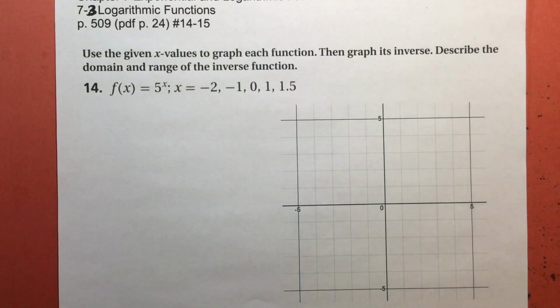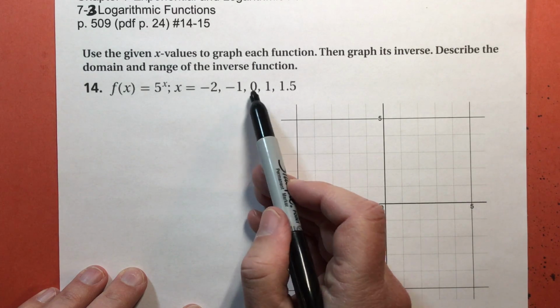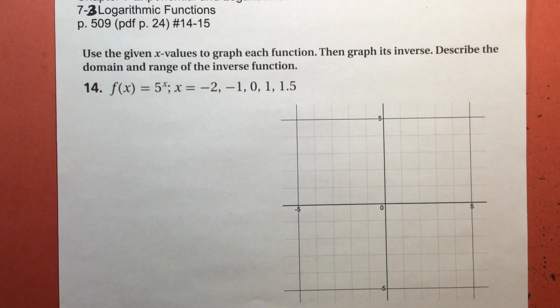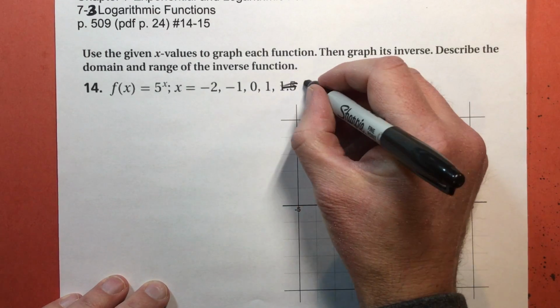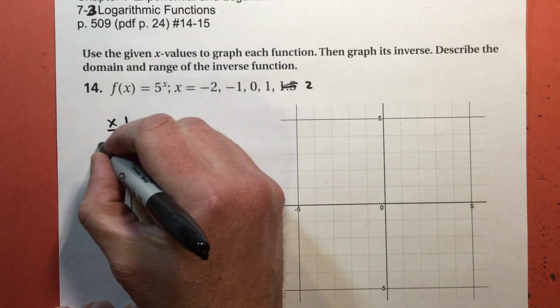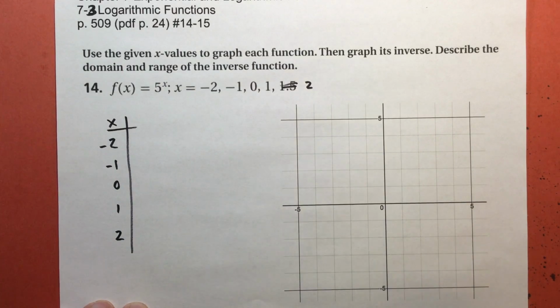Now I'm going to call an audible on this one because I don't really see the point of it. They want us to use -2, -1, 0, 1, and 1.5. I'm going to change that to a 2. So for my table, -2, -1, 0, 1, 2. Why? So I can do it in my head.